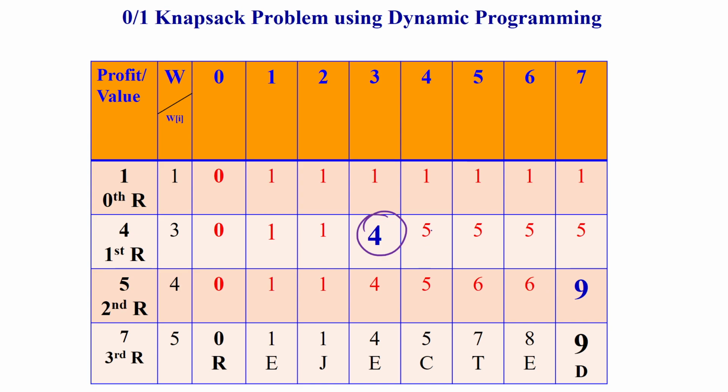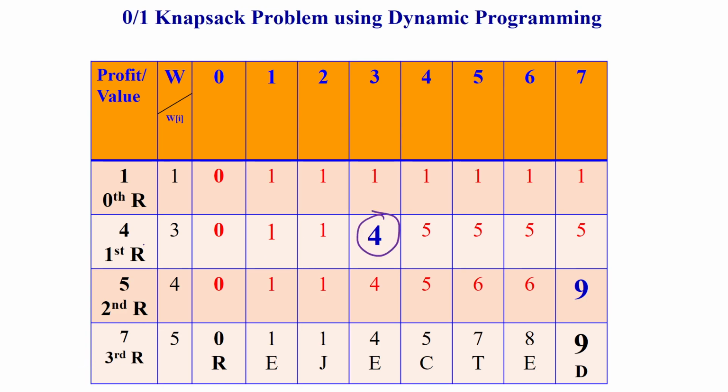Suppose the 4 is available in one more place; then you have to select this one because we are moving from left to right. Currently we have the 4 at the first row and third column. So now we are selecting that product.